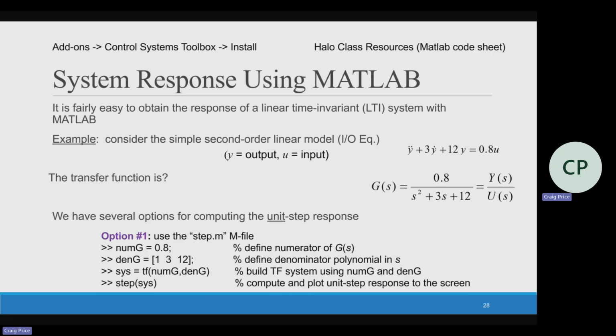We can use this. Do you have the MATLAB code sheet? I like to use a live script usually when I'm doing this. Yeah, so you can just copy and paste some of that stuff. Numerator, denominator, yeah.